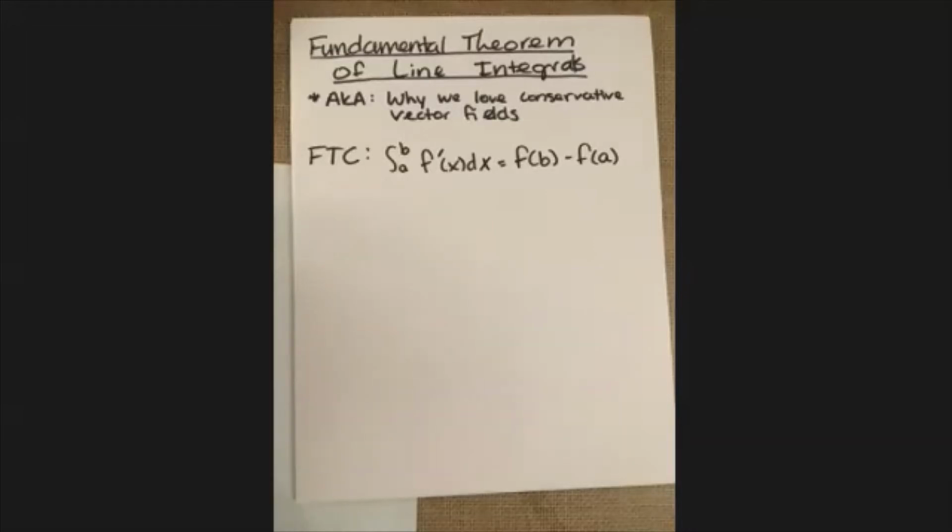And one of the great things about working with conservative vector fields is that it allows us to come up with something that is equivalent to this, kind of in higher dimensions.